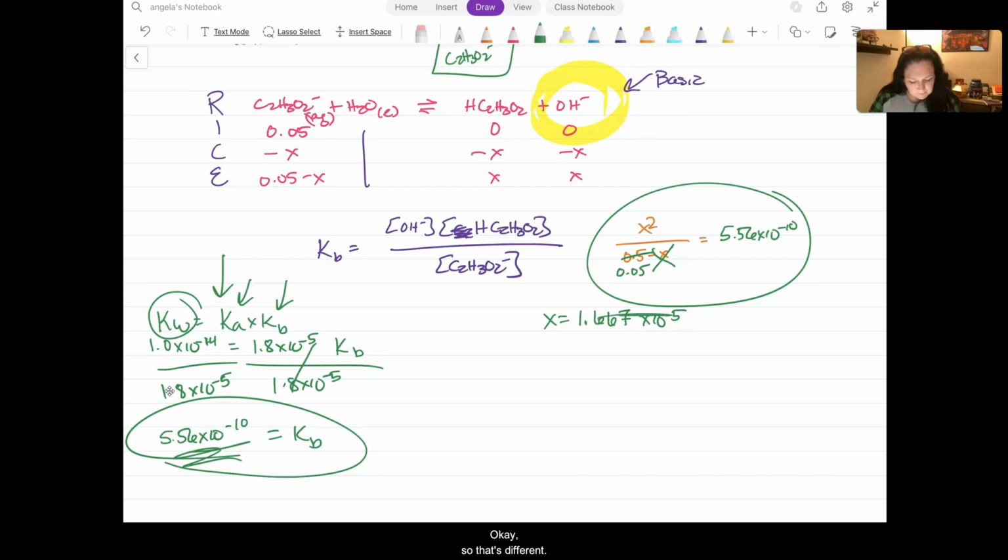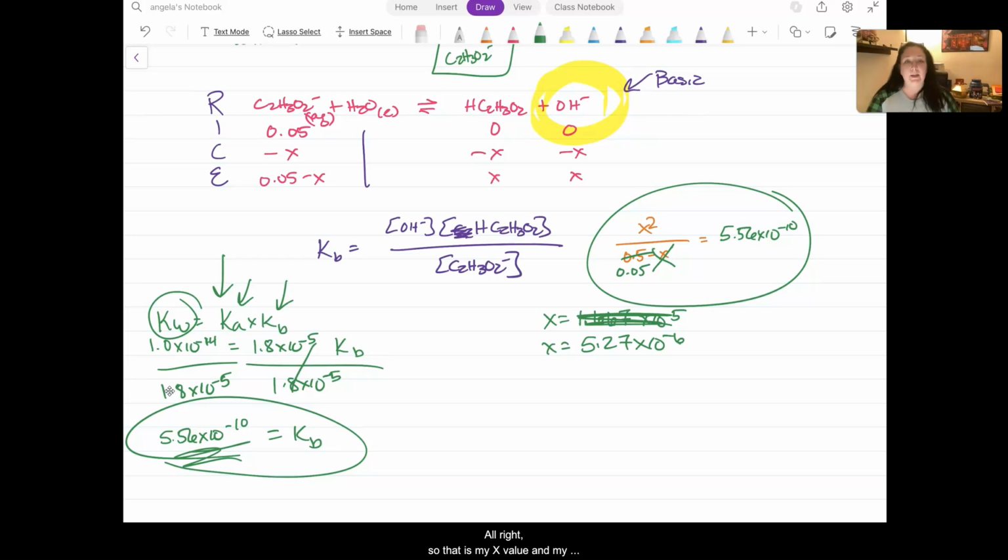Okay, so that's different. 5.27 times 10 to the negative 6. That's what x is. All right, let me double check. 5.56 times 10 to the negative 10 times 0.05, and take the square root. And I have 5.27 times 10 to the negative 6. All right, that's what I got.